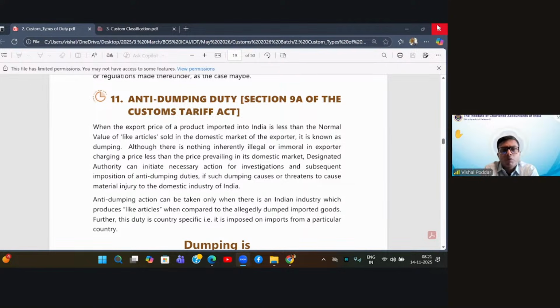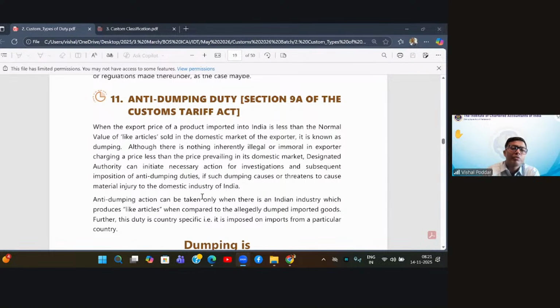Now, what is this anti-dumping duty? Similar to subsidized articles, here also the goods are being exported by a foreign exporter to India at a cheaper price. The only difference is, in the case of subsidized articles, the price was reduced by the foreign government by giving a subsidy.